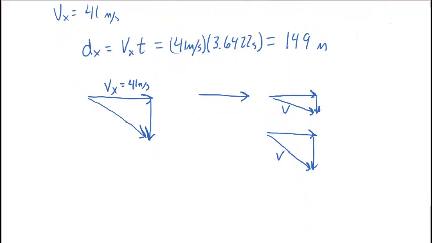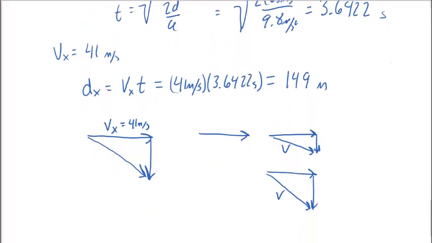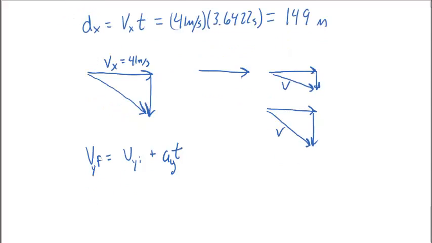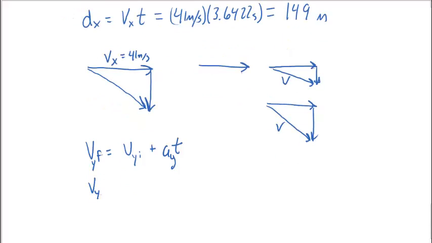We have the horizontal velocity. What we have to find out is what is the vertical velocity after 3.6422 seconds. So to find the final vertical velocity, and I'll use subscript y, I'll take the initial vertical velocity plus acceleration times time, and that is a vertical acceleration. So I'm looking for v, vertical y, final. It was dropped, which means its initial vertical velocity was 0, plus gravity is 9.8 meters per second squared, times time.